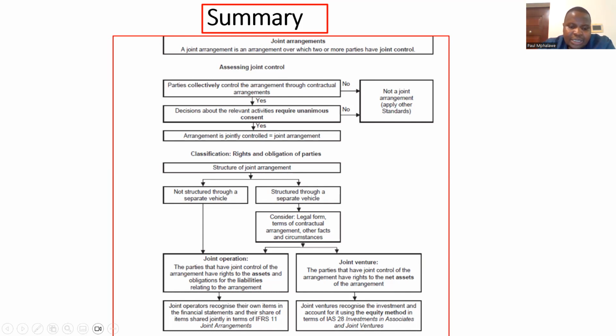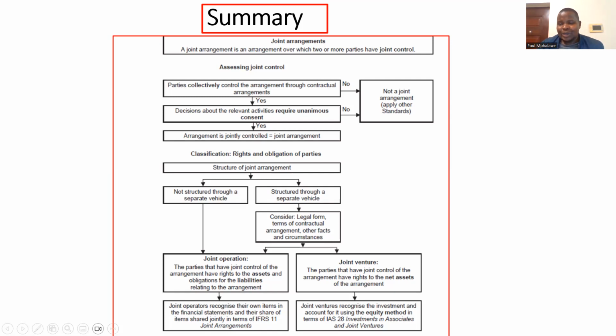Whereas in a joint operation, we are saying joint operators recognize their own items in the financial statements and their share of items shared jointly in terms of IFRS 11.